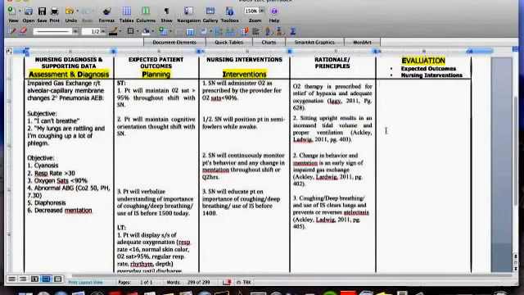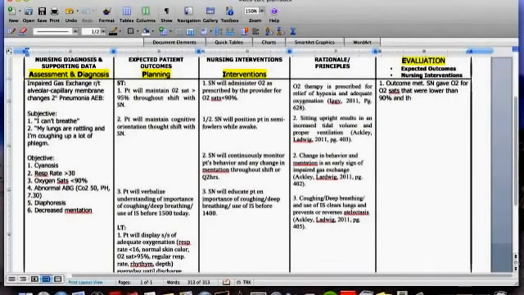So it's the end of my shift, and indeed my patient did keep a good O2 sat above 95%. So over here in my evaluation, I'm going to say my outcome was met. Outcome met. And how was it met? Well, student nurse gave the oxygen for O2 sats that were lower than 90%.